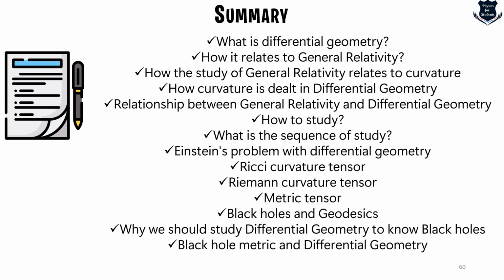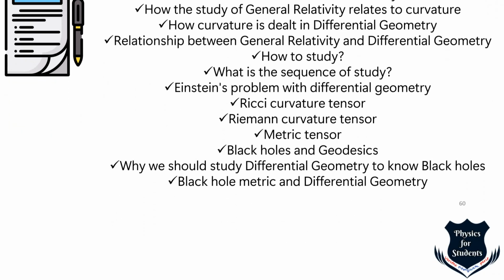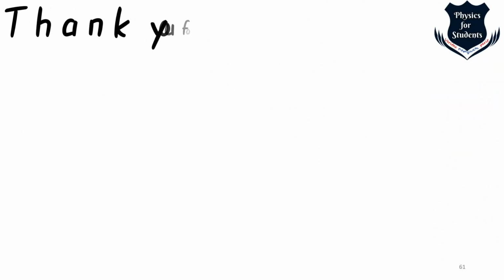And why it is important: you might have a question of why I should study differential geometry to know black holes, because it falls under cosmology. So I've shown you the answer. And the black hole metrics also depend wholeheartedly on differential geometry. We learned a lot of topics, but basically the idea was to show you how and why differential geometry is so important in the general theory of relativity.